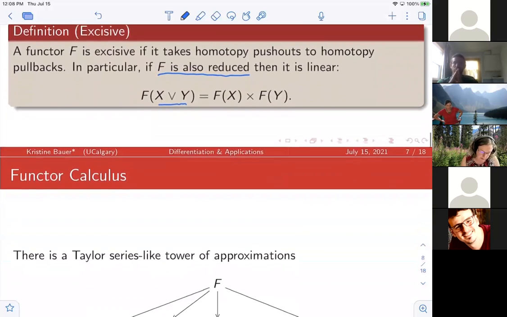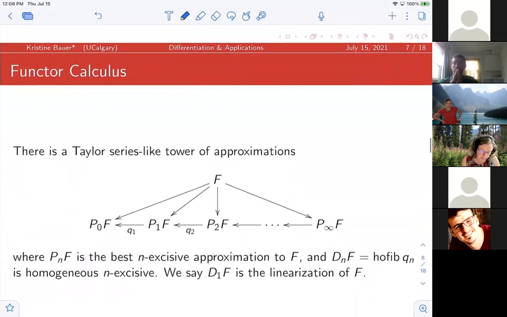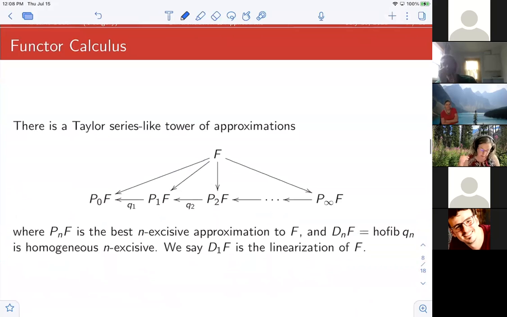Well, functor calculus takes any homotopy functor of model categories and produces a whole tower of approximations that are kind of like the Taylor series. And the idea is that the nth part of this tower is going to be the best n-excisive approximation. N-excisive just means that I take an n+1 cubical push-out diagram to an n+1 cubical pullback diagram.